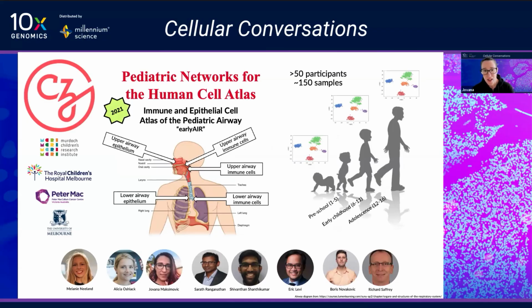We were fortunate enough to receive this grant back in 2021 from CZI with my collaborators at the MCRI. The idea behind this project was to make a cell atlas of the pediatric airway across 5 different tissues. We were aiming to collect about 150 samples from more than 50 participants, sampling childhood from preschool to adolescence.